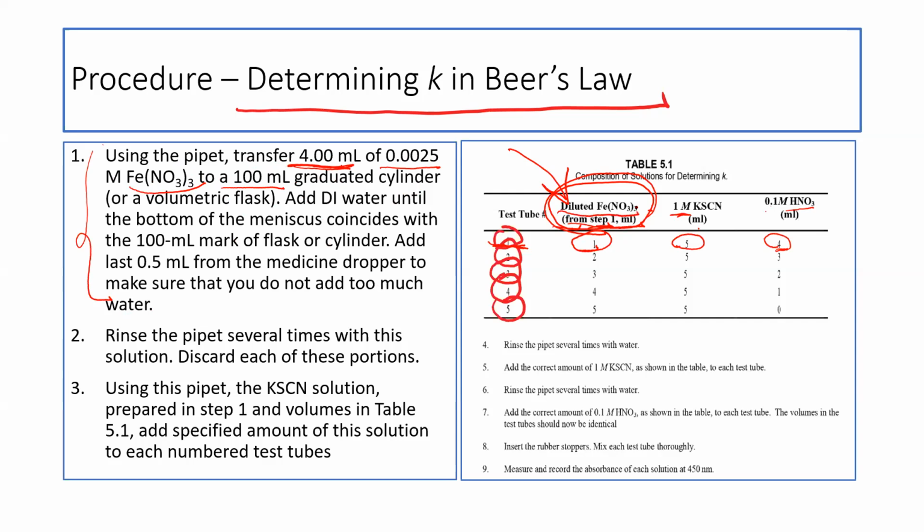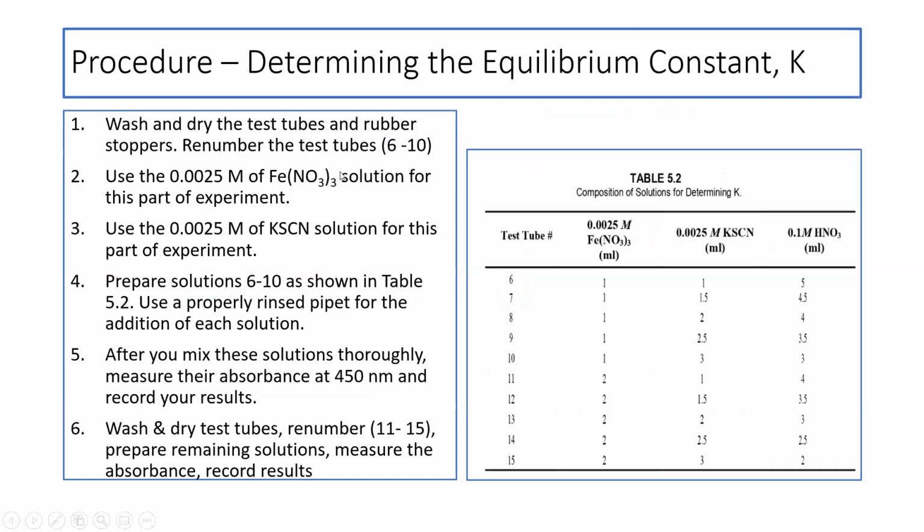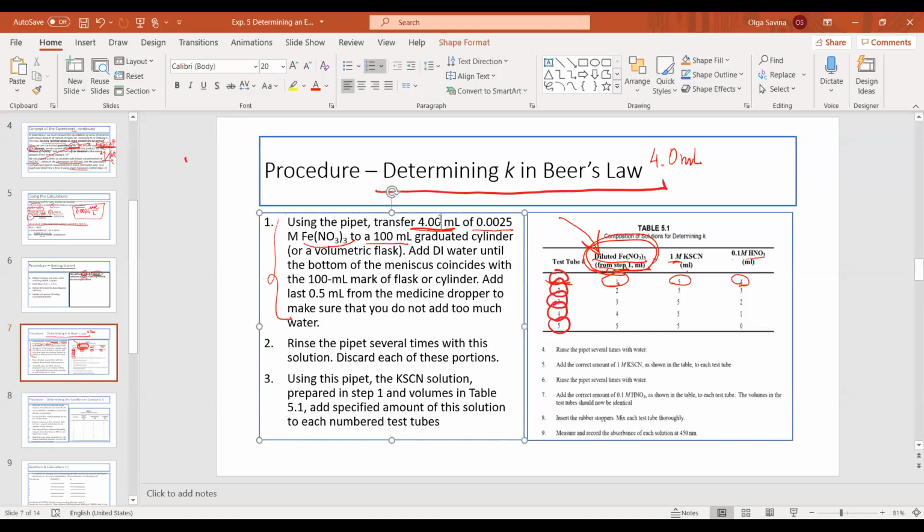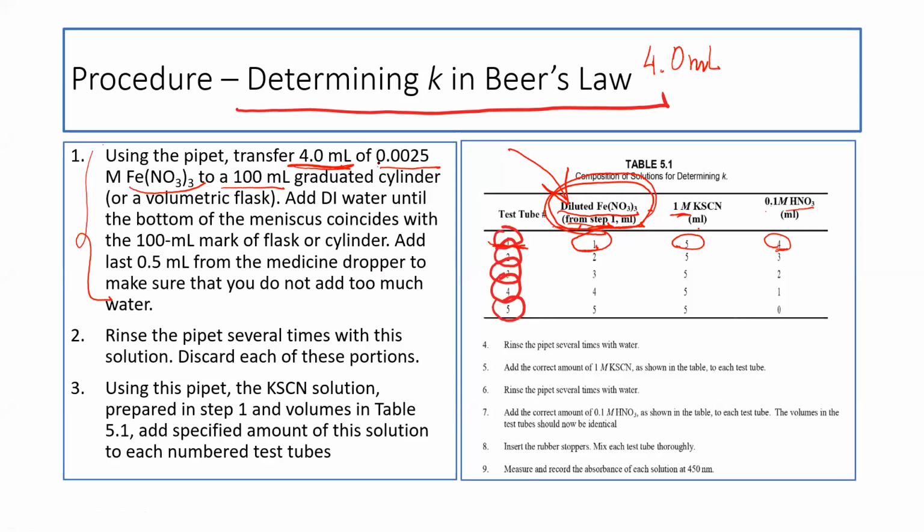How can we calculate the concentration of this solution? So we will take 4 milliliters. I think I mistyped this number, so let me correct it to avoid any problems. Just a second. So that is fine. So 4 milliliters of this solution, and the concentration of this solution is 0.0025 moles per liter.